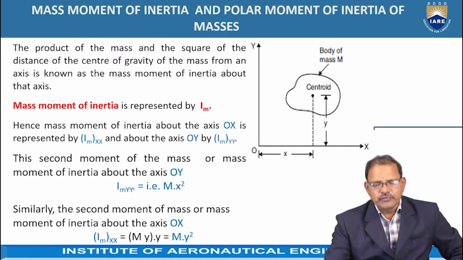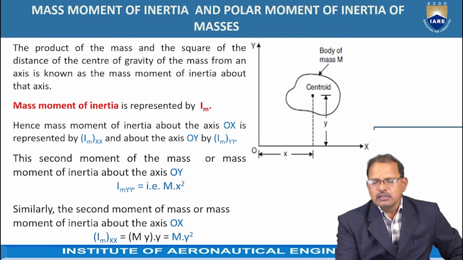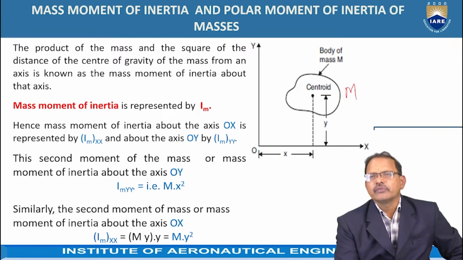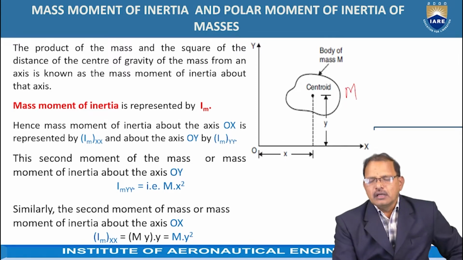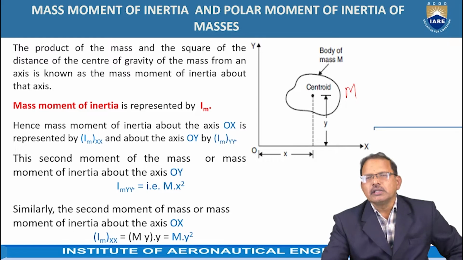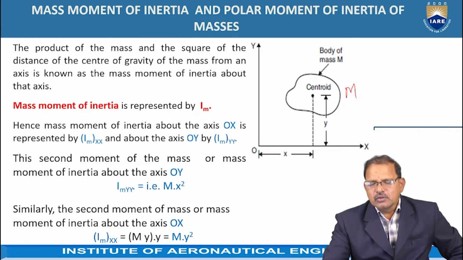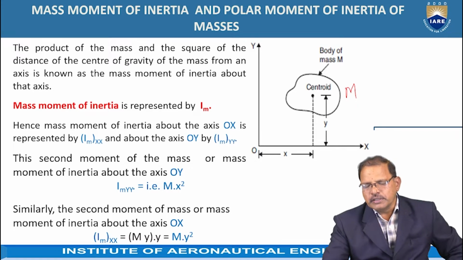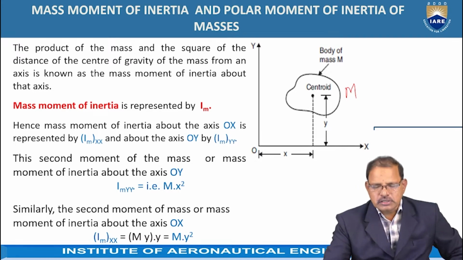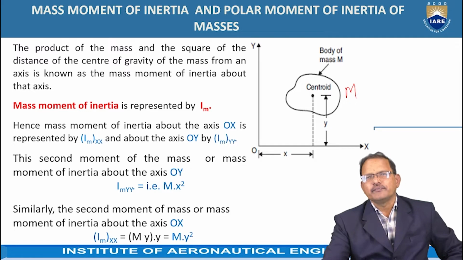Here M is representing the mass of the body, and x and y are representing the position of the centroid of that object with respect to the y-axis as well as the x-axis, as shown in the figure.